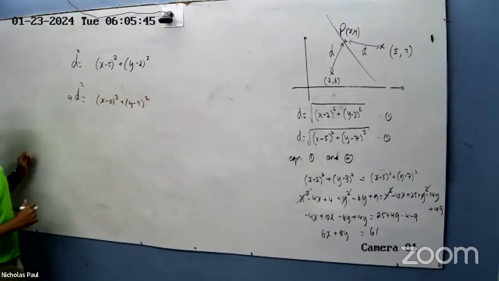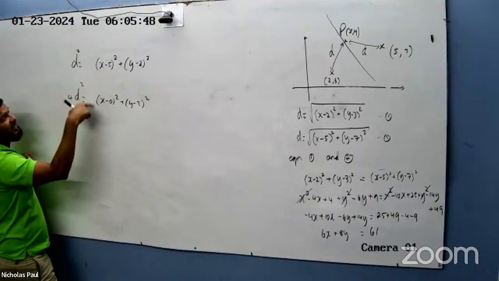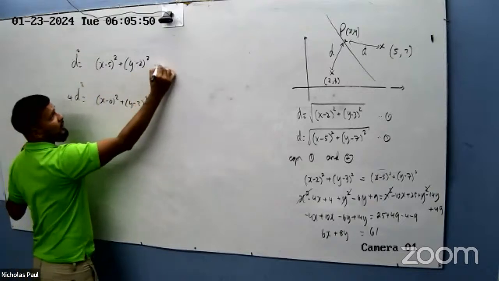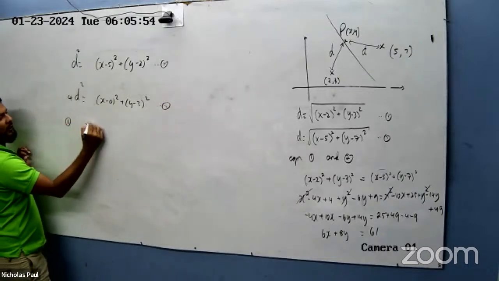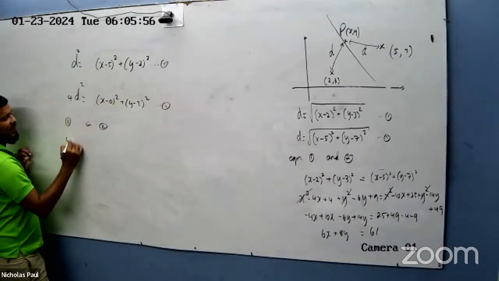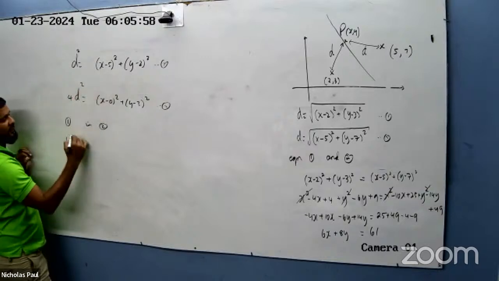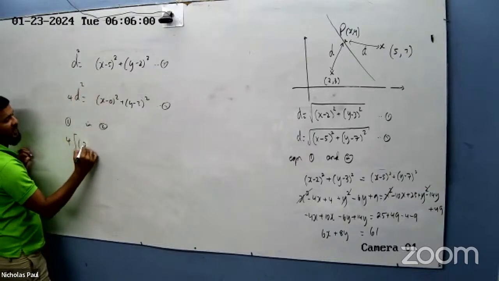All right? Once you have this, you can substitute equation 1 in equation 2. So I'm going to put 1 in 2. I'm going to take off d squared, and I'm going to write this. See that, Nikolai?